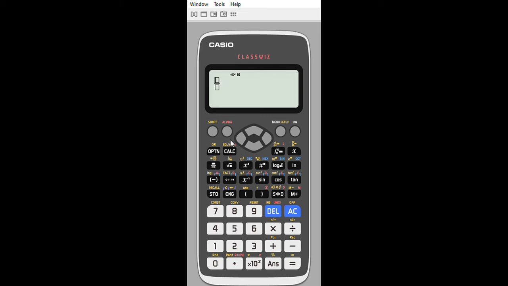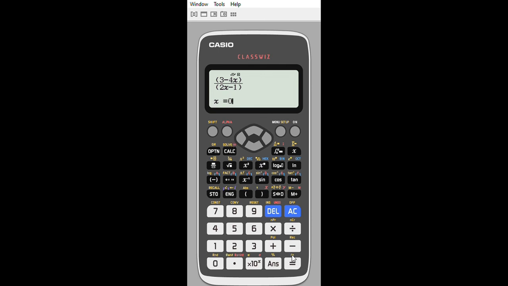fraction, so bracket 3 minus 4x, close bracket, and then for the denominator, bracket 2x minus 1. Then press the calc button here, and enter our first test value, which is 0.